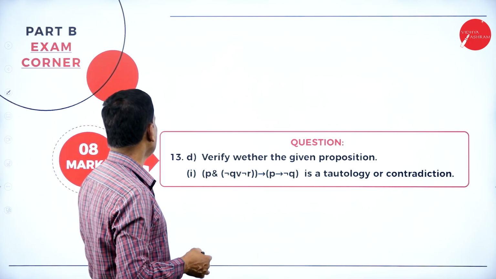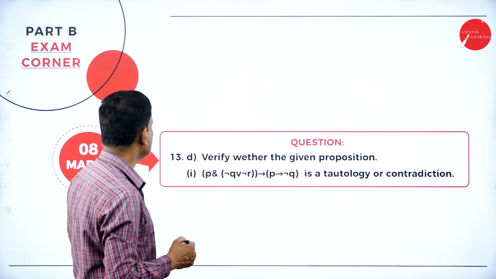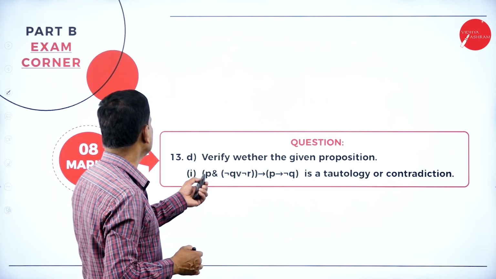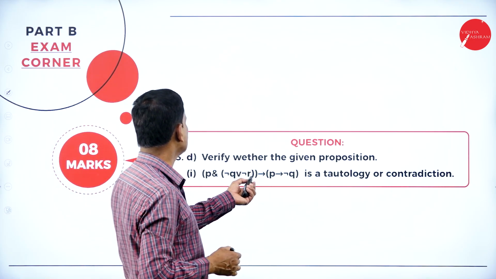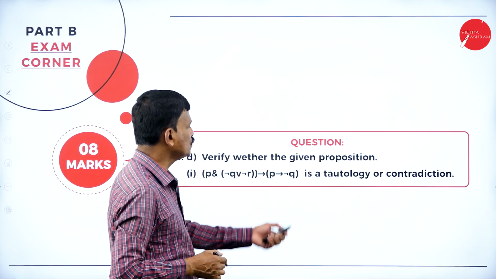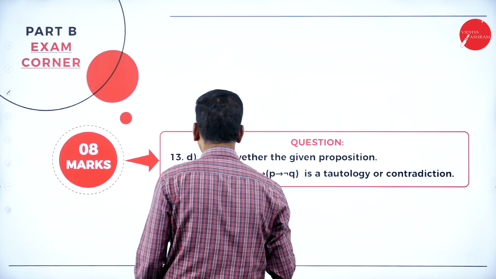13D. Verify whether the given proposition, P conjunction negation Q, conjunction negation R, conditional to P conjunction negation Q, is a tautology or a contradiction. Now write down the truth values for this.